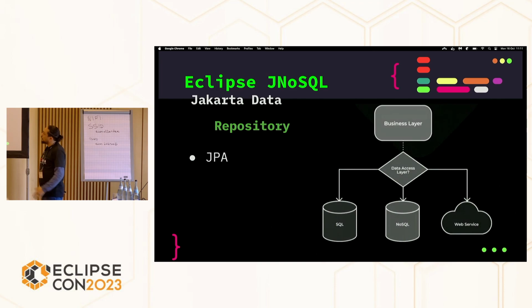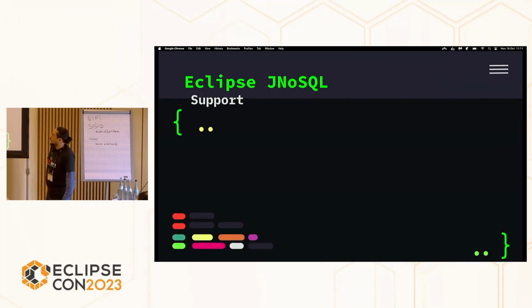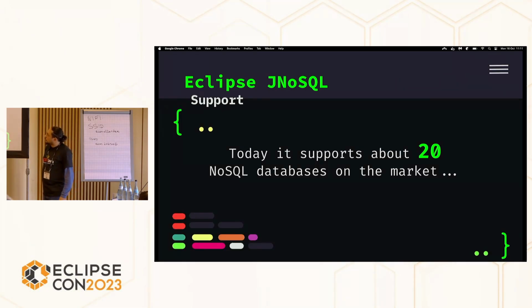Understand? So we are able to put JPA as source, JNoSQL, REST client, and so on. So basically, that's the idea about Jakarta Data. So today, JNoSQL supports 20 NoSQL databases in the market.